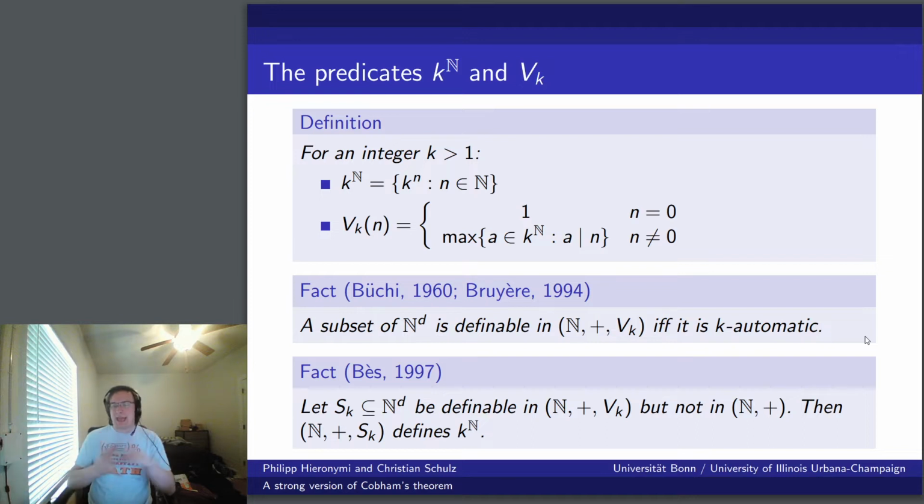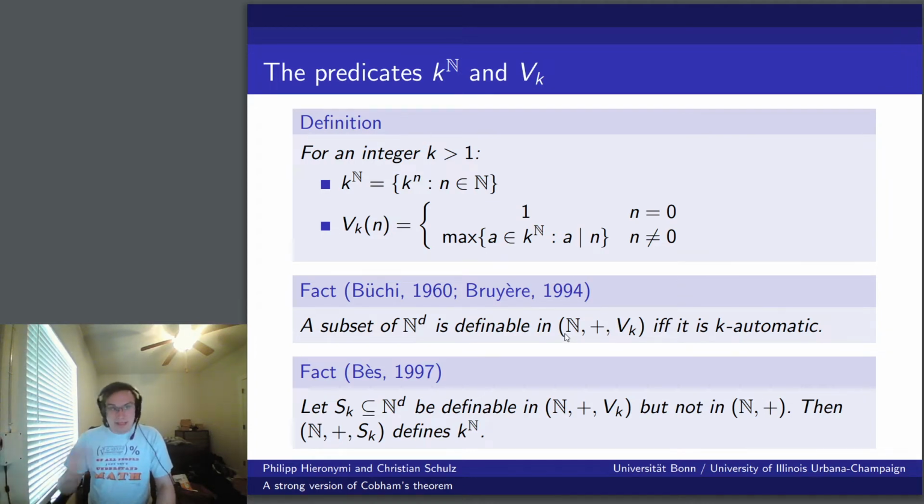You can see it as a k-automatic version of the characterization I mentioned a bit ago with semi-linear sets being definable just from addition. You could also look at this as a sort of maximality of v_k. We're saying that v_k is a k-automatic set with enough internal associated structure that if we can define it, we can define anything else k-automatic.